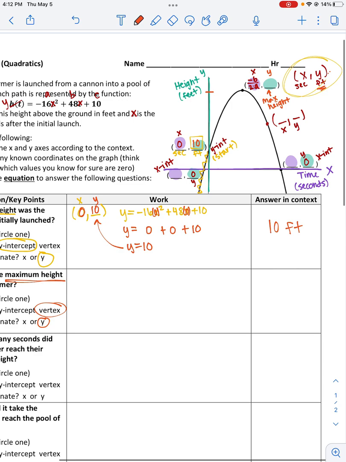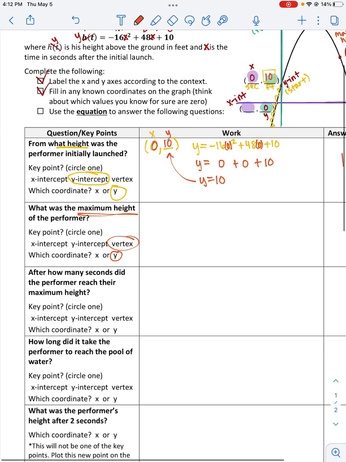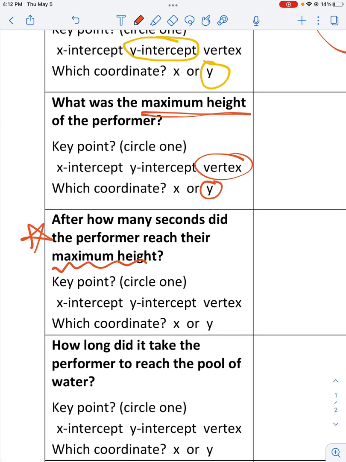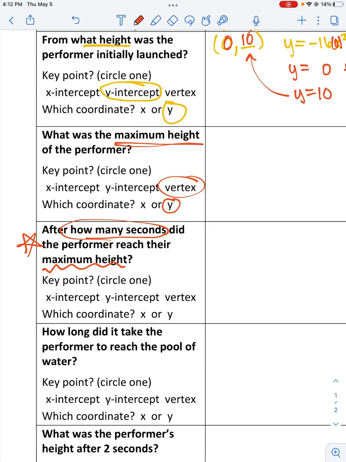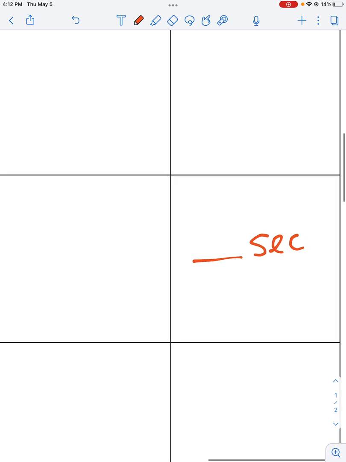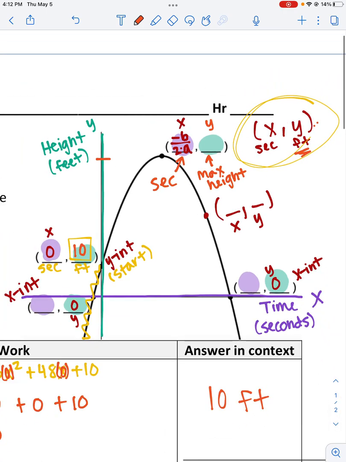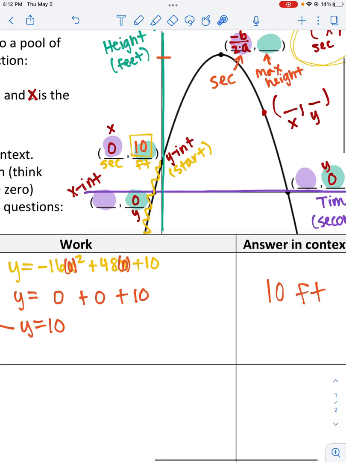To find that y coordinate, we actually are going to jump down to this one first. At the maximum height, when we're asked how many seconds, the answer I'm going to give is blank seconds. We're still looking at the vertex, and the x-coordinate is going to tell us how many seconds at that max height.